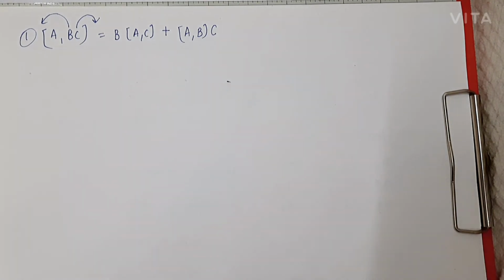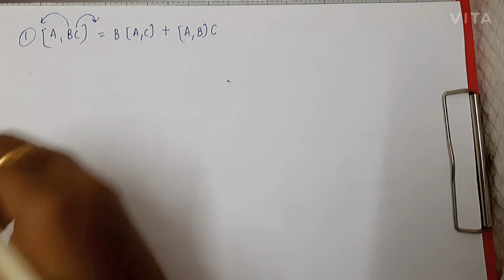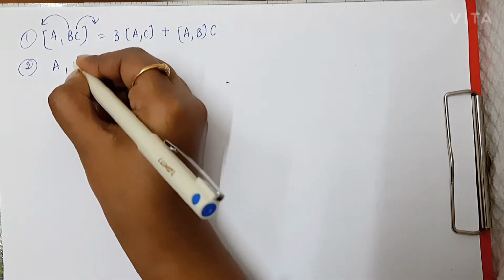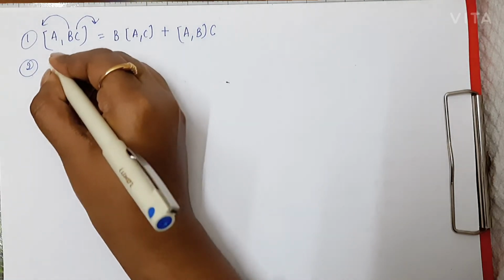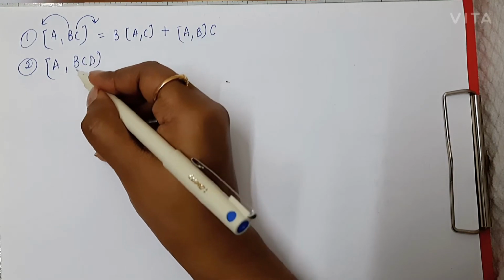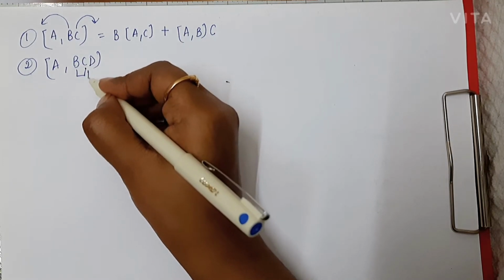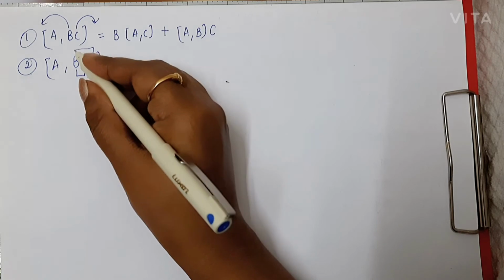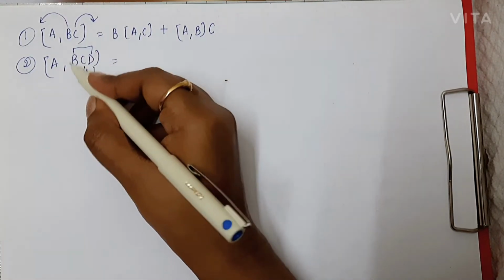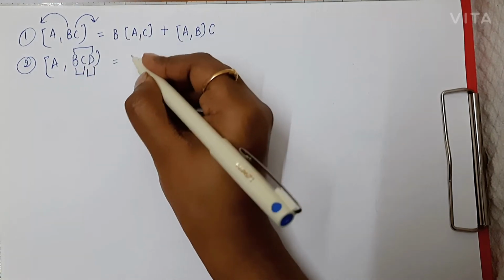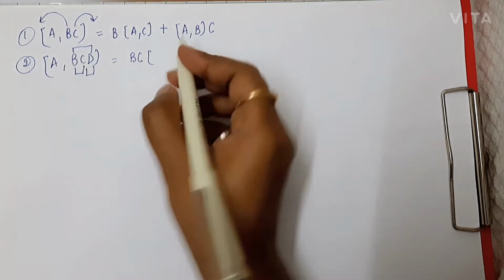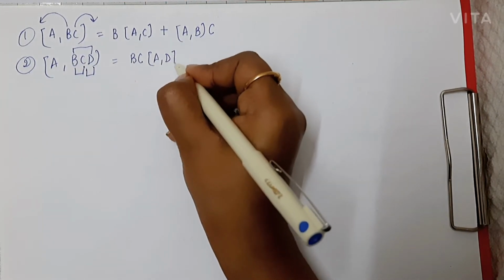Now, similar property: if we want to find out A and B, C, D, these three are multiplied, then what we have to do is first pair B and C, then pair C and D, then pair D and B, three pairings. Now first we have paired B and C, so B and C will come out here and we will be left with A and D, right?